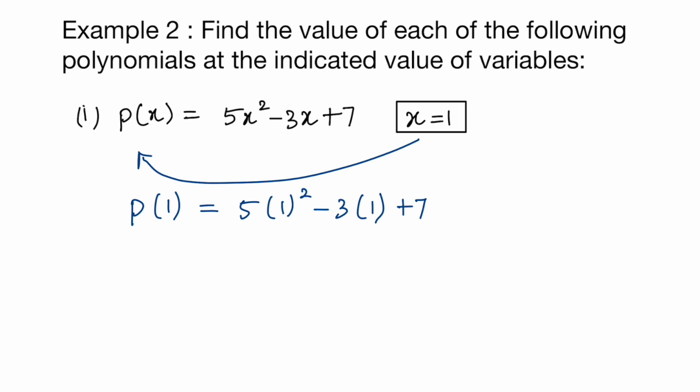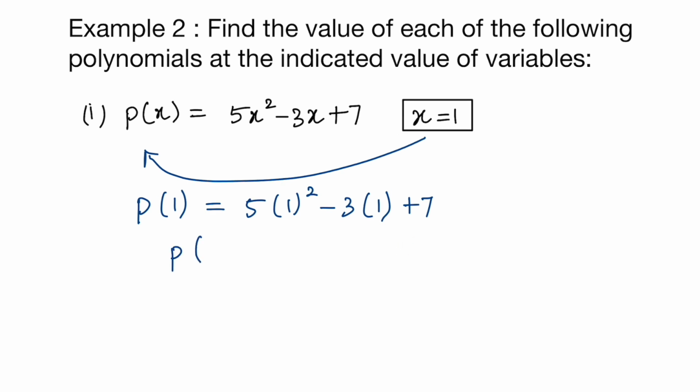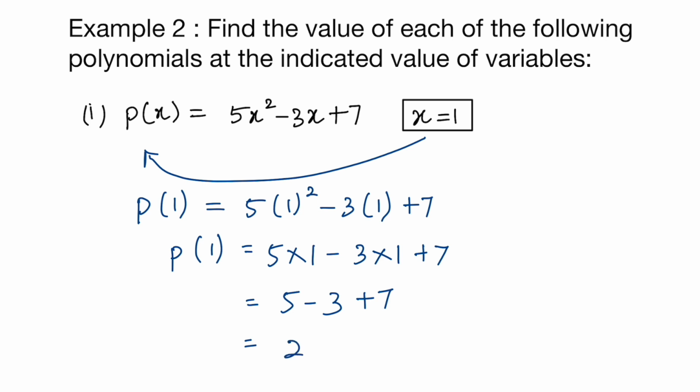On further simplifying, p of 1 is equal to 5 times 1, because 1 squared is 1, minus 3 times 1 plus 7. 5 times 1 gives you 5, 3 times 1 gives you 3, and plus 7. 5 minus 3 gives you 2, and 2 plus 7 gives you 9.